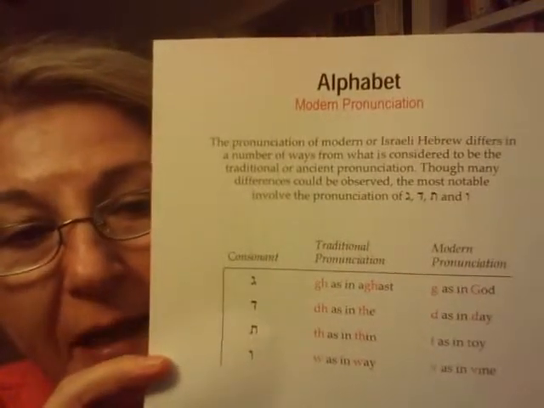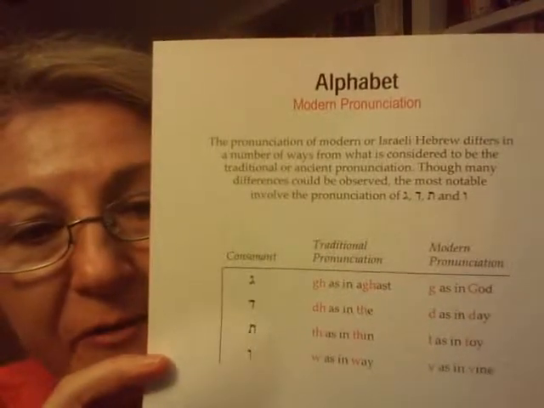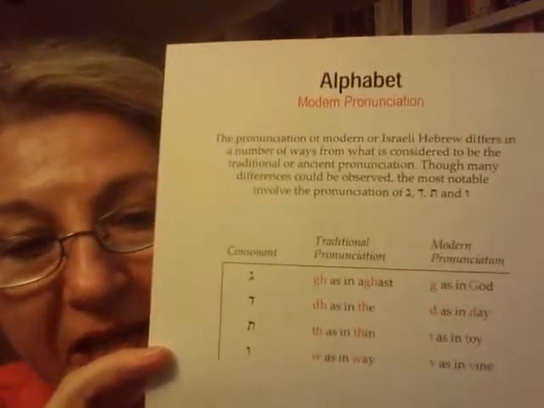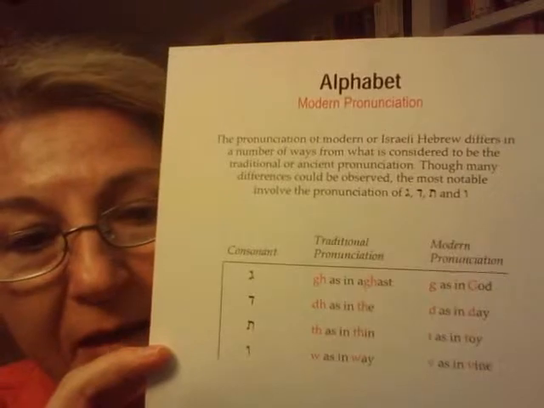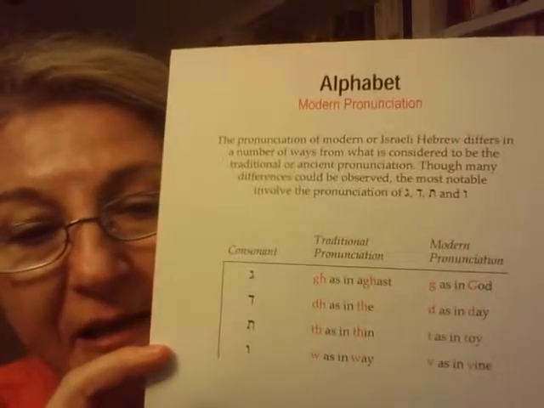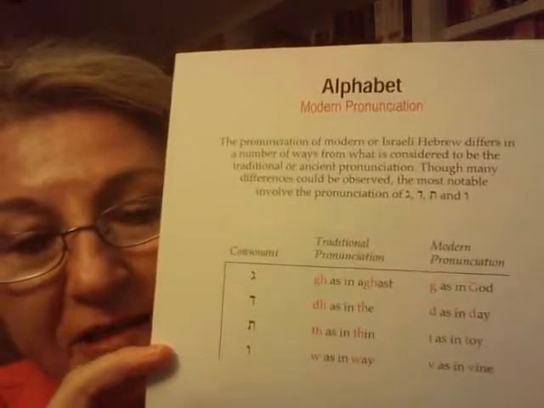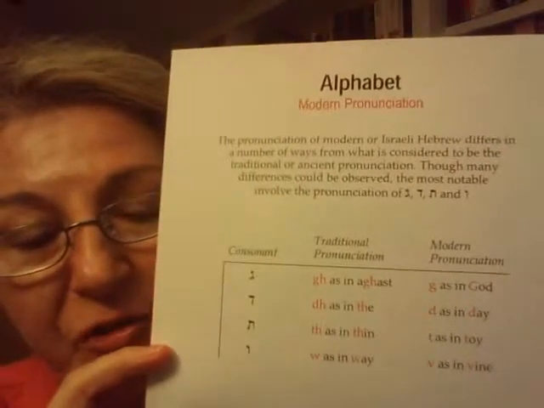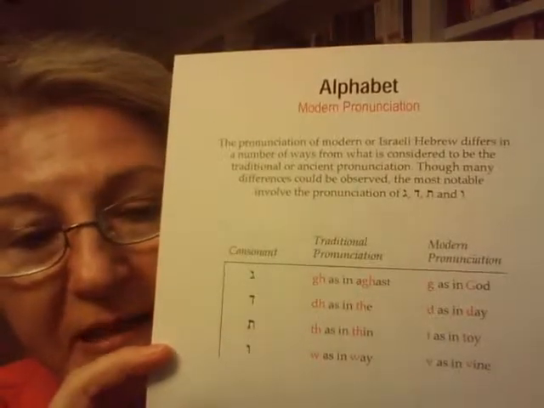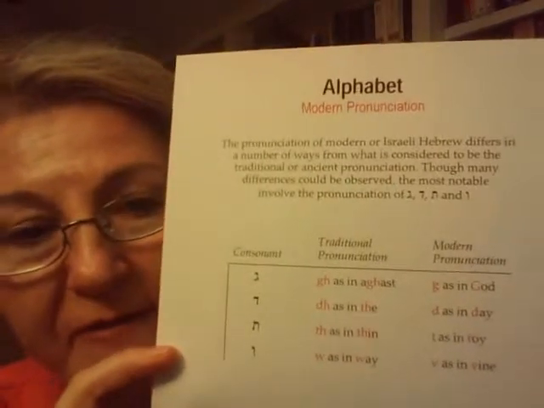The most notable involve the pronunciation of gimel, dalet, tav, and vav. The gh, as in guest, is traditional, but the modern pronunciation is g. The dh, as in the, is the traditional, and d, as in day. The th versus the t, and the w versus the v.